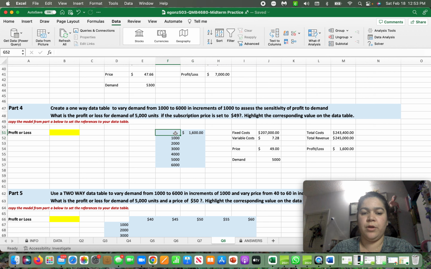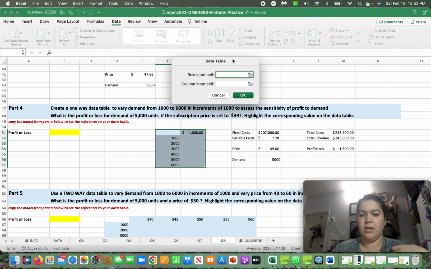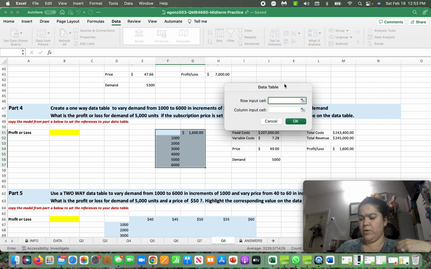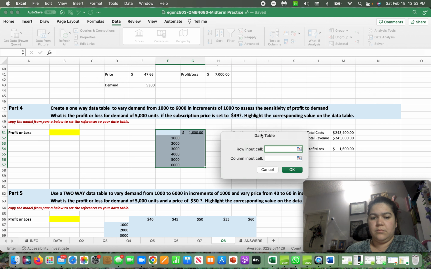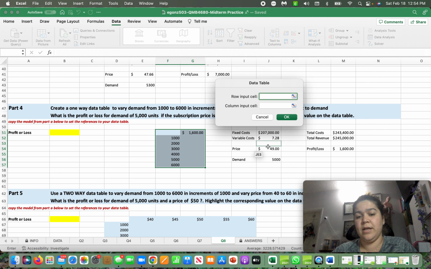So we're gonna go ahead and run a data table. We're gonna go data, what if, data table. In the data table, what are we looking for? We're looking at the profit or loss that we have by having a price of $49 per subscription.